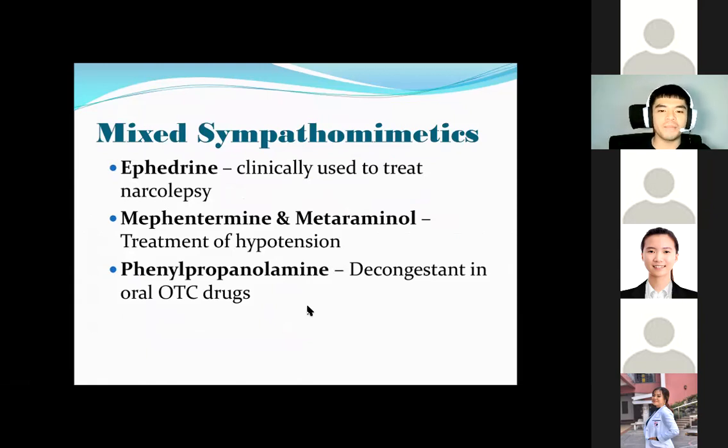Mephentermine and metaraminol for hypotension because of their constriction effect by activating alpha-1 receptors as well. So by doing so, merong increased blood pressure activity. And then finally, phenylpropanolamine, which is also used as a decongestant in orally administered OTC agents. So these are mixed-acting sympathomimetics.